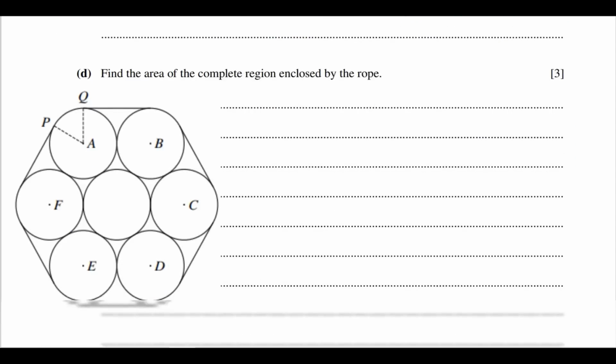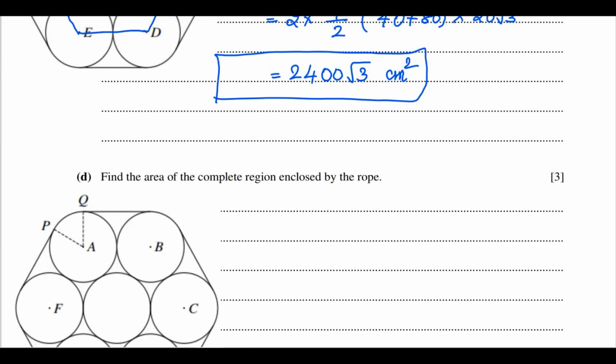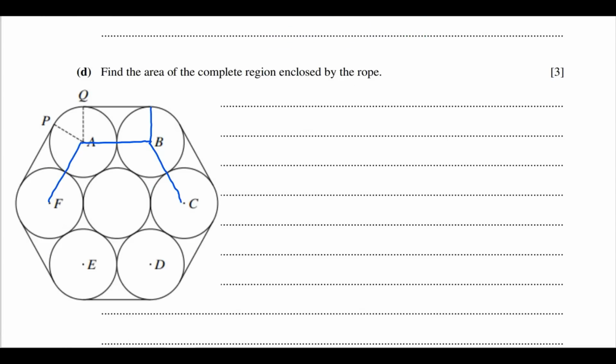Next part of the question is find the area of the complete region enclosed by the rope. So total area we can find. So this is the hexagon. We found the area of the hexagon in the previous part of the question. Okay.